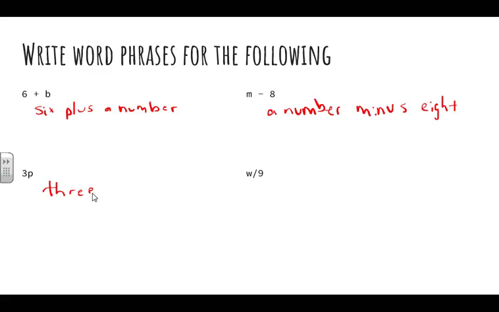I think I forgot to mention that multiplication is also commutative, so you could also write a number times 3. So we've got 3 times a number, or a number times 3 also works. And then finally we've got w divided by 9, which is a number divided by 9.